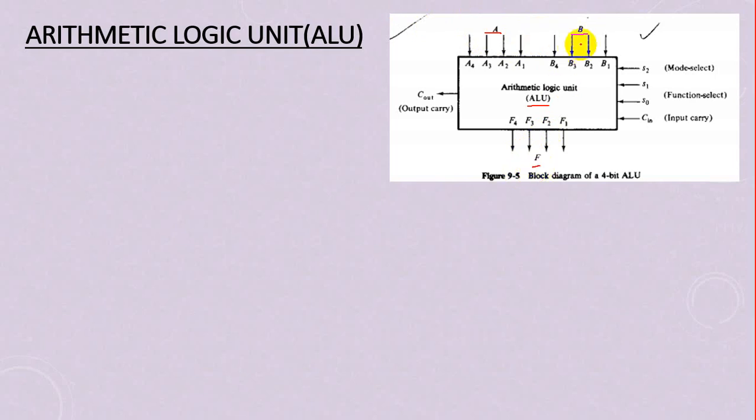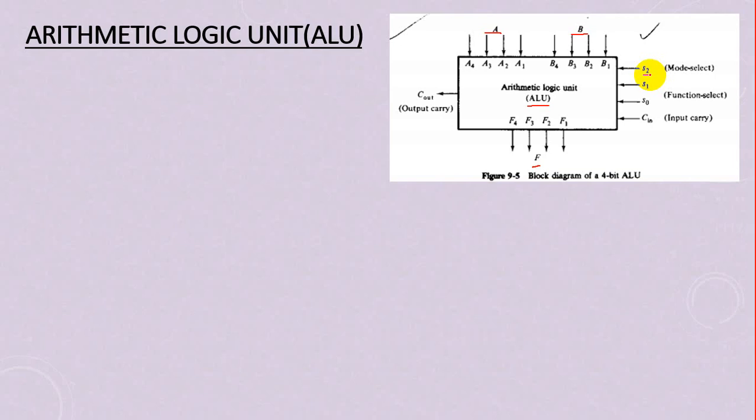This block has 4 inputs on the right side. The input S2 is called mode select. Arithmetic and logic, two types of operation it will perform. When this mode select pin S2 is 0, it will perform only arithmetic operation.